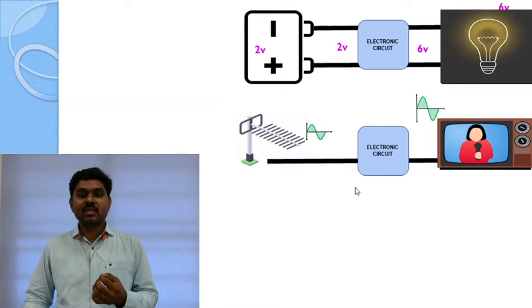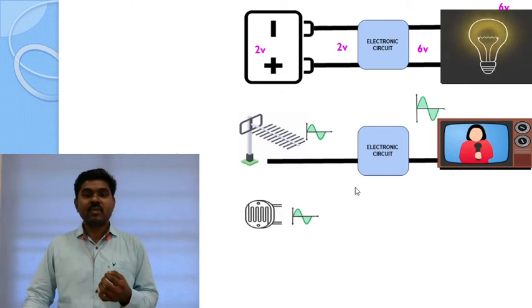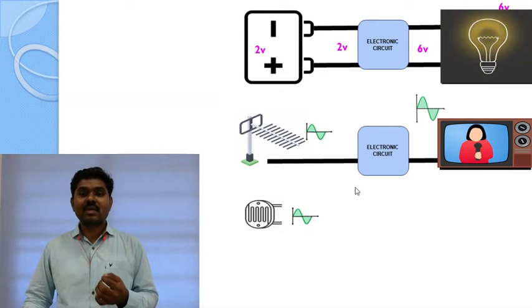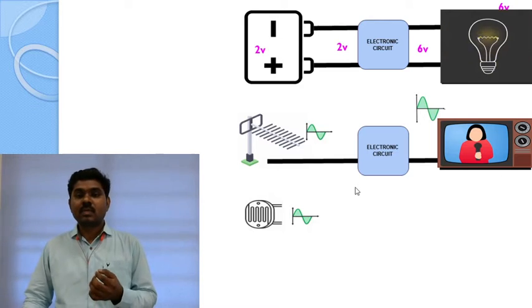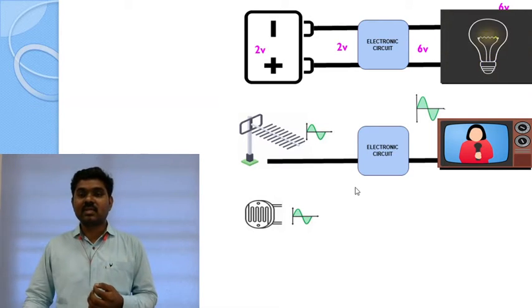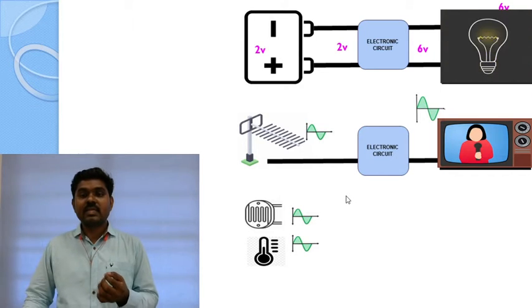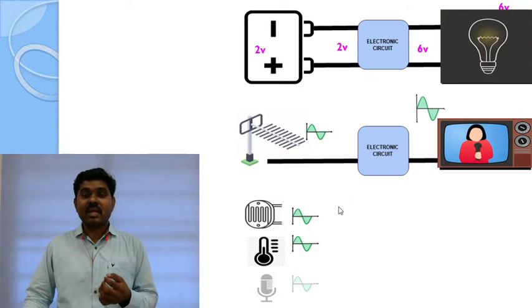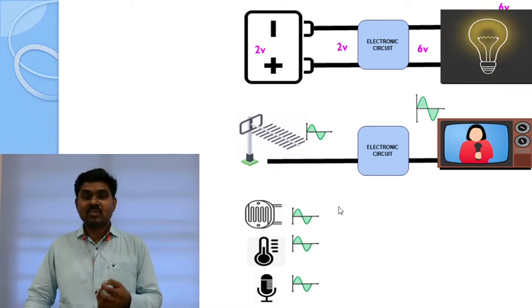Let's move on to another example. We have an LDR which converts light intensity variation into small amount of electrical signal, and we have a temperature sensor which converts the temperature variation into small amount of electrical signal, and we have a microphone which converts the sound variation into small amount of electrical signal. So the electrical signals are analog in nature, which is about a few millivolts only.